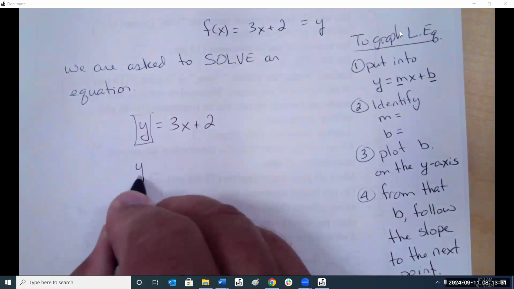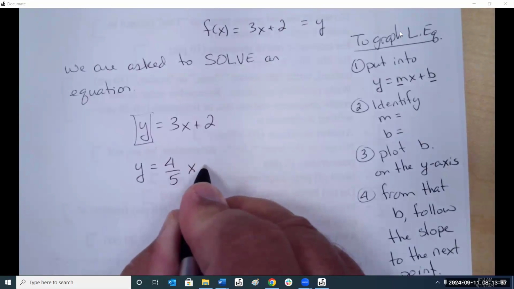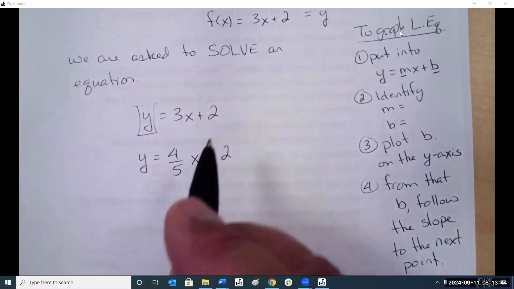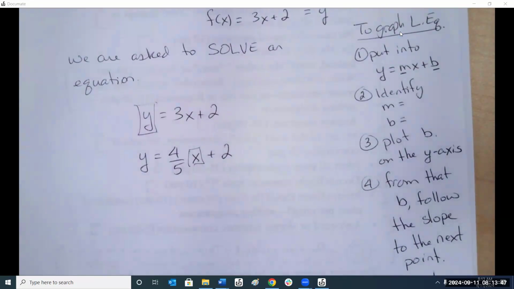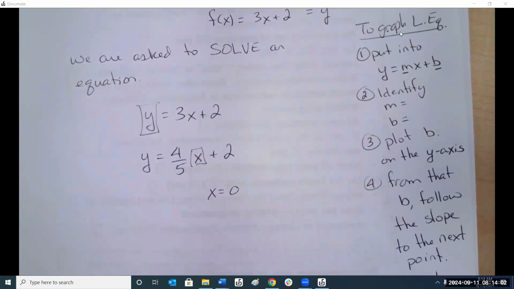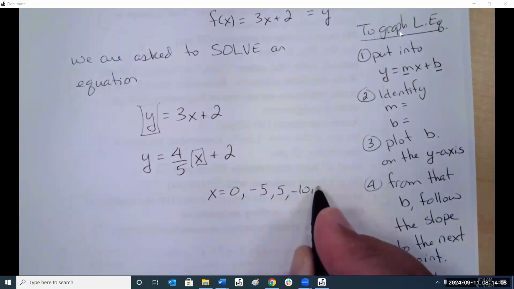What if your slope was a fraction? The choice of x is yours. Make it a logical choice. So what would be logical choices for x? Make it 0. Make it -5. Make it +5. -10, +10.